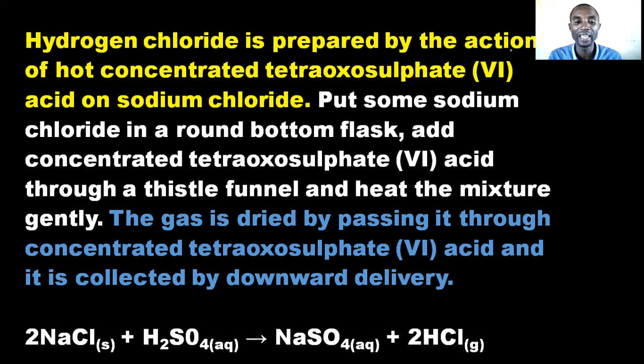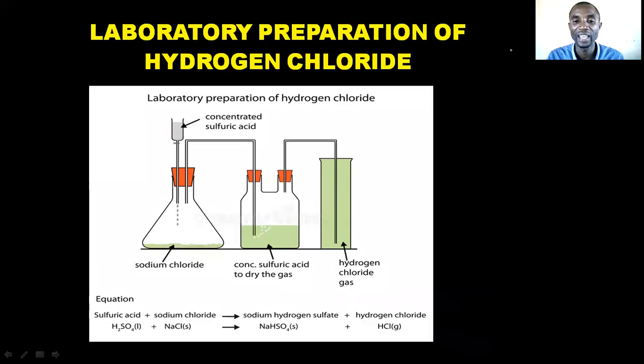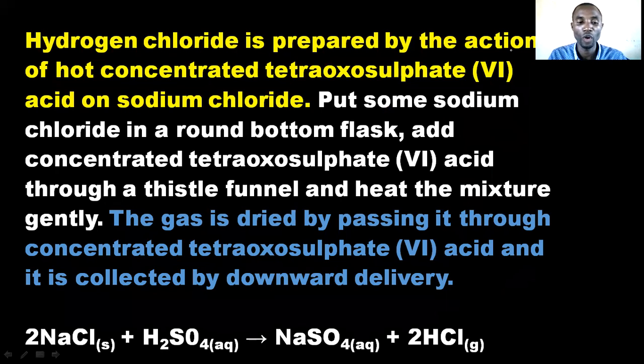When it's heated, a gas is given off. That gas is passed through concentrated tetraoxosulfuric acid to dry it. The dried gas will then be collected by downward delivery, as we see in the image here. And the equation for the reaction, of course, we have done it. This is it. And the hydrogen chloride gas will be collected.